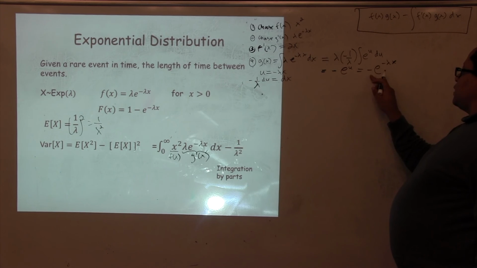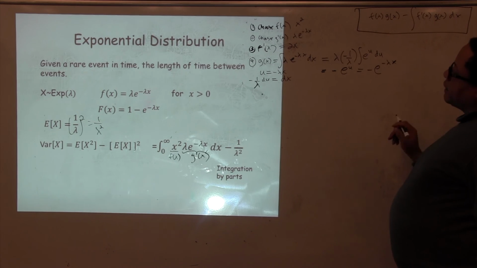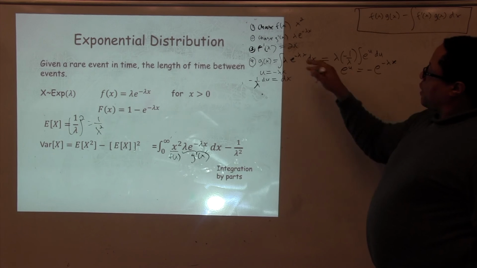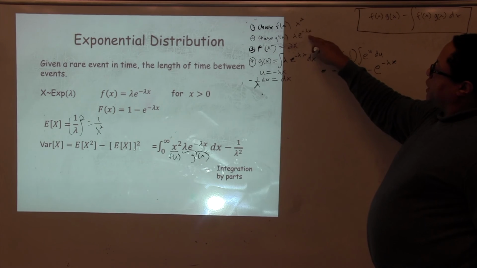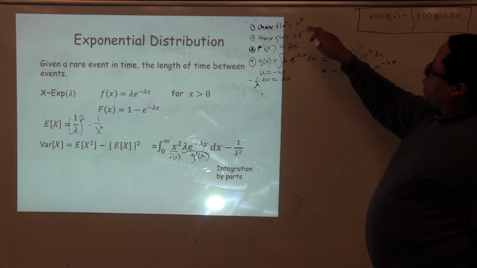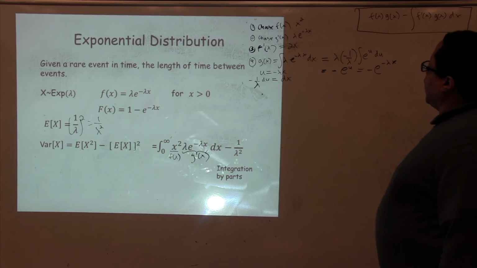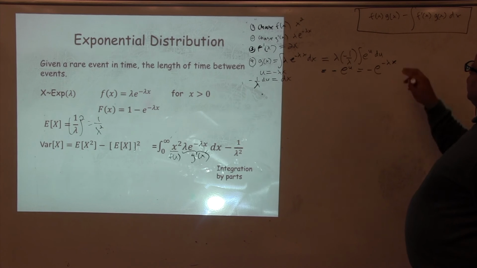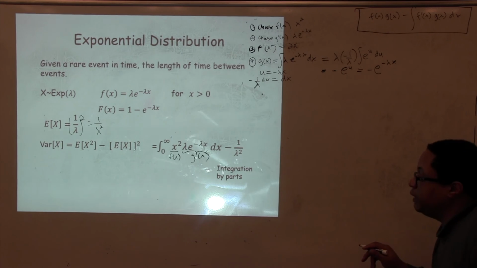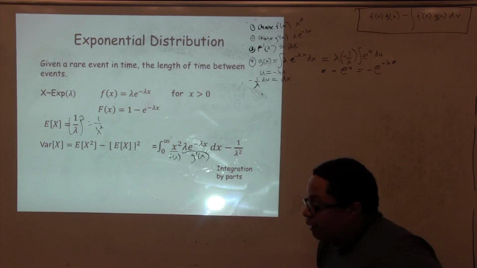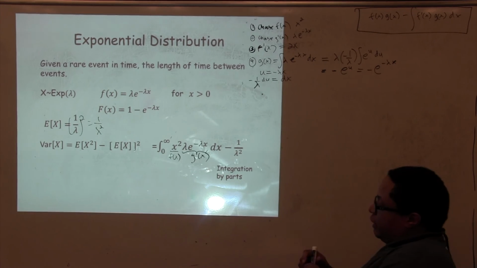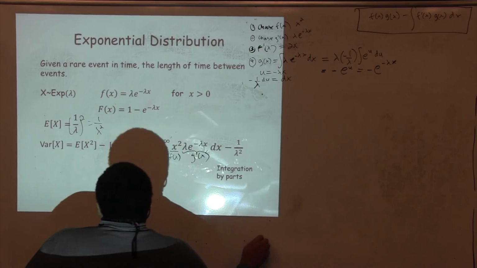Our g of x is minus e to the minus lambda x, and our f prime of x is 2x. Our g prime of x is lambda e to the minus lambda x, and our f of x is x squared. Okay, so here we're going to write out what our integration by parts is using the prescription that we solved for. So let's do that down here.